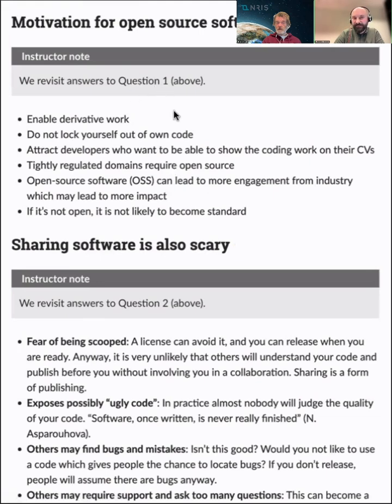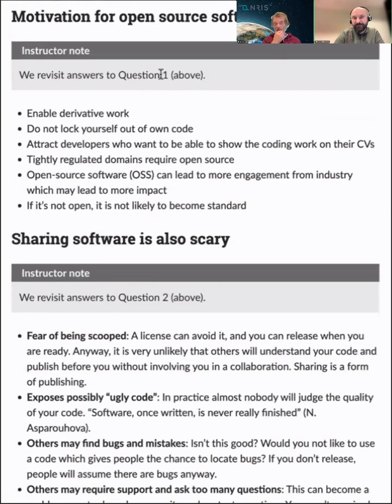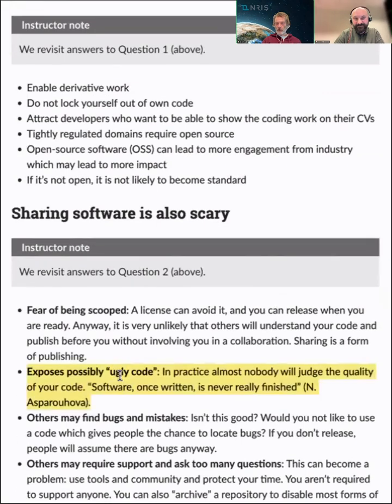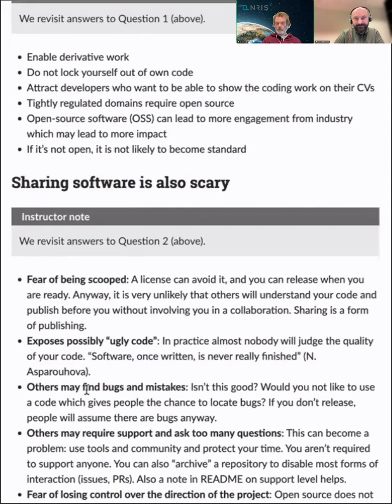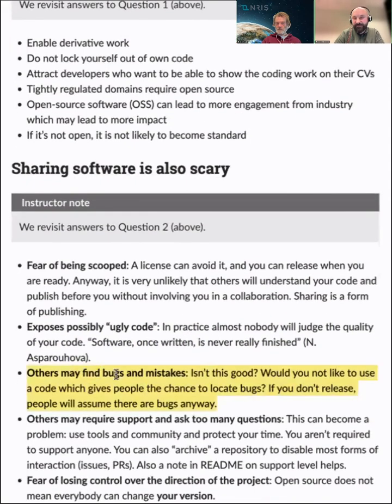This was already mentioned by many in question one. Yes, it was. Fear of being scooped, and also of publishing ugly code was mentioned by quite many. And the scare that someone might find bugs or mistakes was also something somebody signed up on.